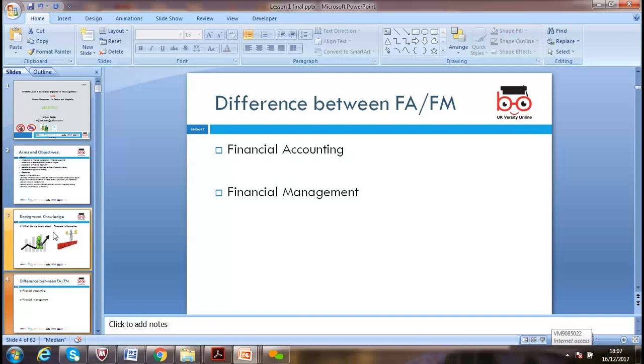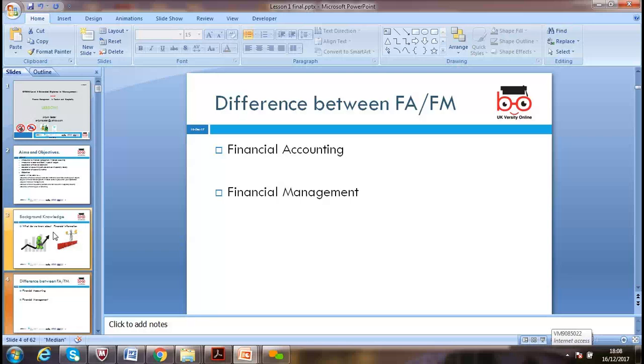Some people say they have a chartered financial management degree, and some say they are a chartered financial accountant. Financial accounting is more about recording business transactions in the books of accounts, like the profit and loss and balance sheet statements they prepare.